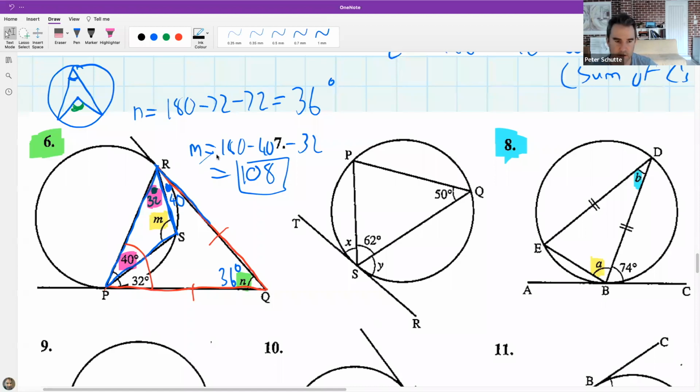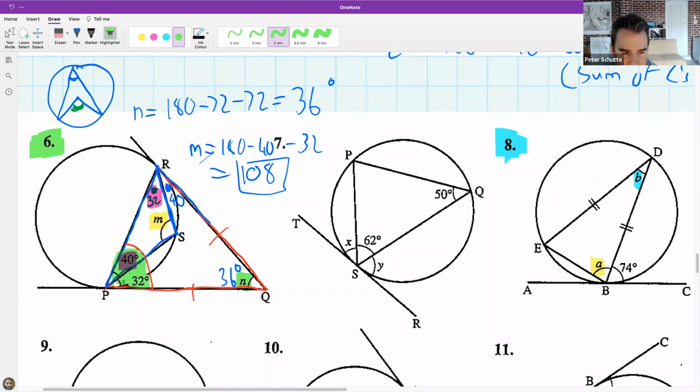Explain how it is 36. So Ayabonga, if you look at the original question, we had this, let me use the green. If you look down here, they told us that this green bit is 40 and 32, which together is 72.